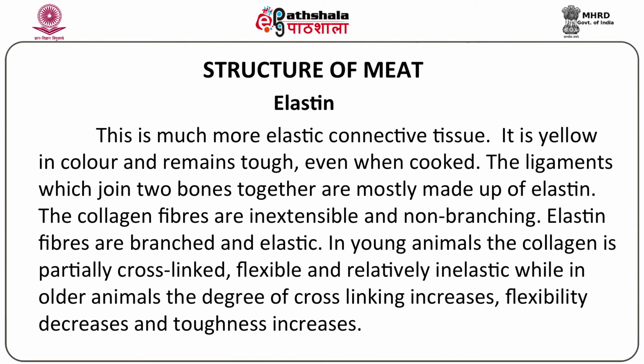The collagen fibers, which I was referring to earlier, are inextensible and non-branching, whereas the elastin fibers are highly branched and elastic. In young animals, the collagen is partially cross-linked, flexible, and relatively inelastic, while in older animals the degree of cross-linking increases, therefore the flexibility decreases and the toughness increases.